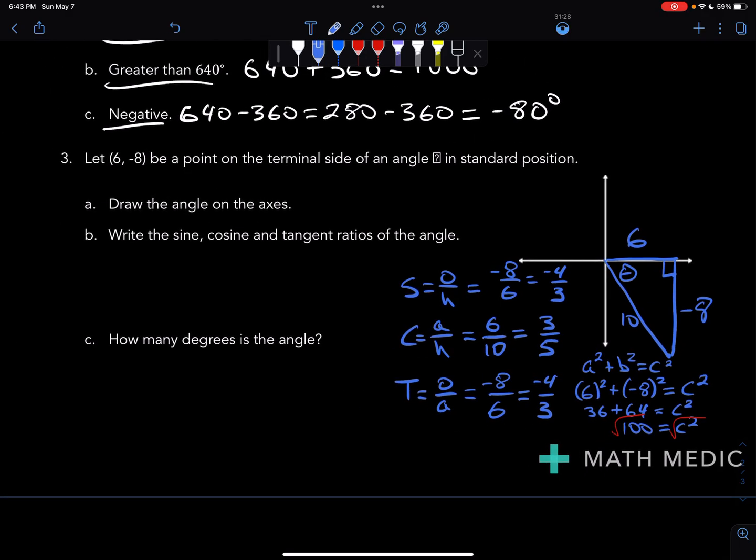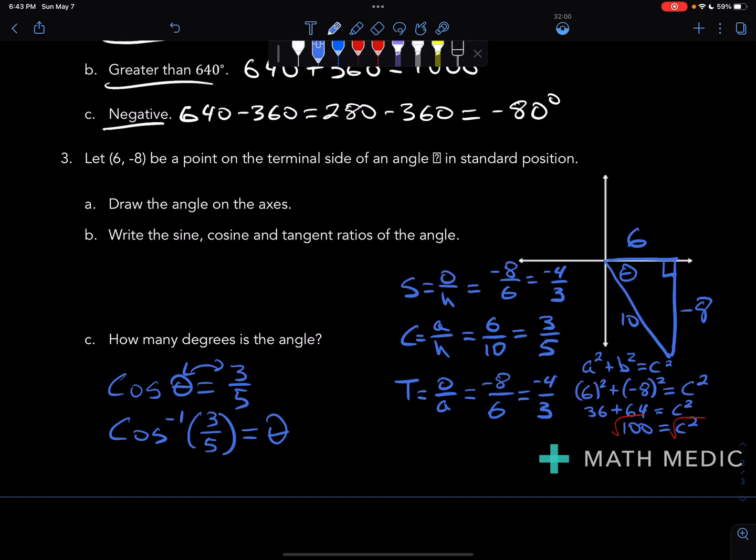We want to figure out how many degrees is the angle. We can choose sine, cosine, or tangent, so I'm just going to choose cosine. We know our cosine here is 3/5. Again, the only way to switch places between the 3/5 and the theta is to do inverse cosine of 3/5.